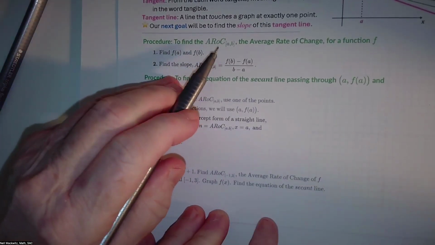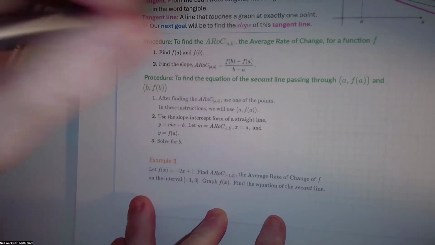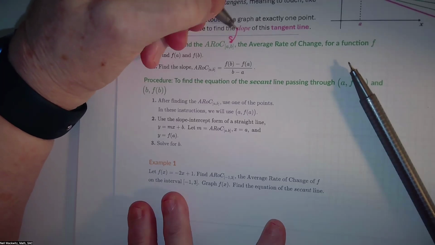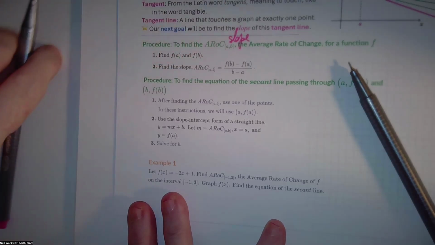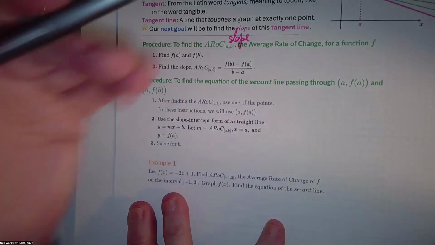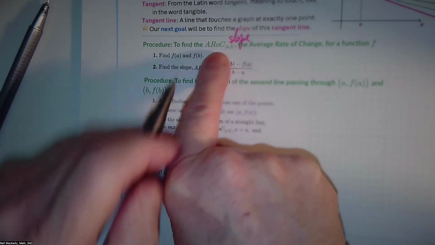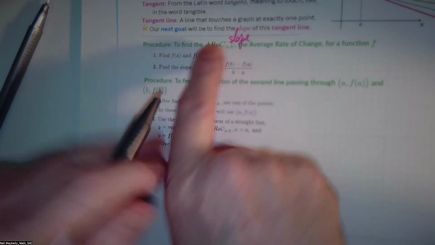To find an average rate of change, let's just keep remembering, that is a slope. For any function f, we first find f of a and f of b for the values in this interval.